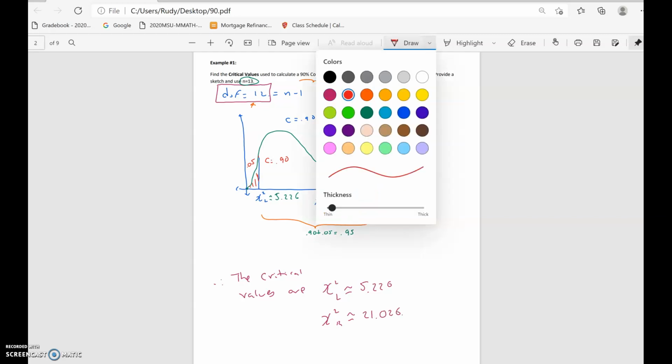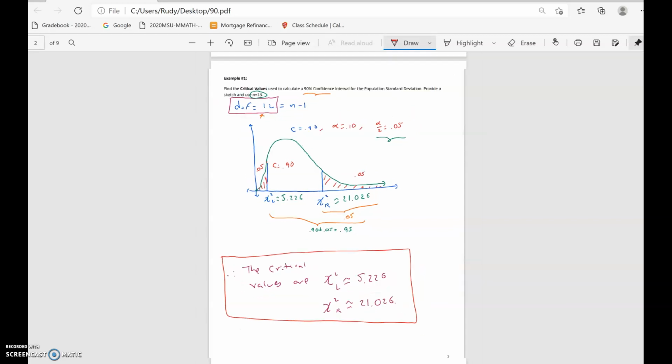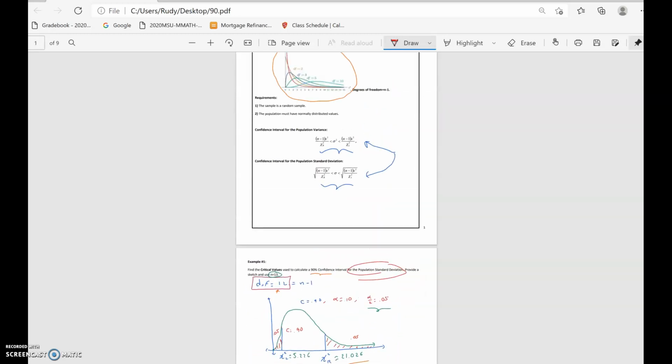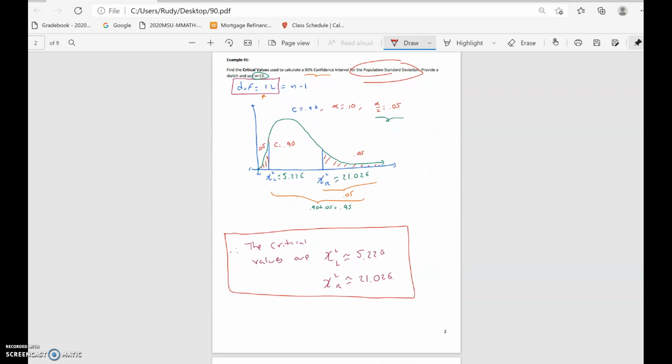Those are the two chi-square values that we would use to, in this case, find a confidence interval for the population standard deviation. And those are the numbers that technically go at the bottom of either of these two calculations, depending on what we're doing. So for this one, they only want the critical values.